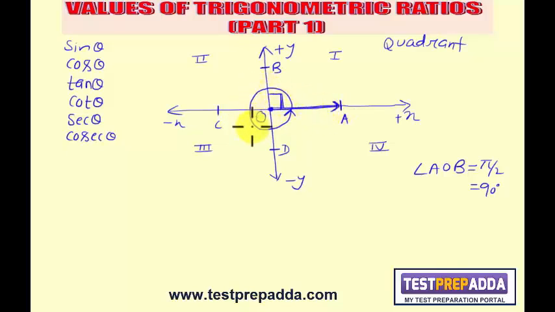So this is one complete rotation. If angle AOB is pi by 2, then this complete rotation will subtend how much angle? 2 pi.